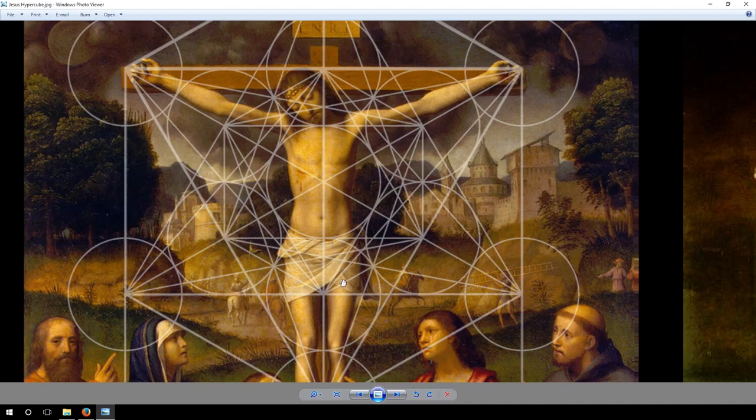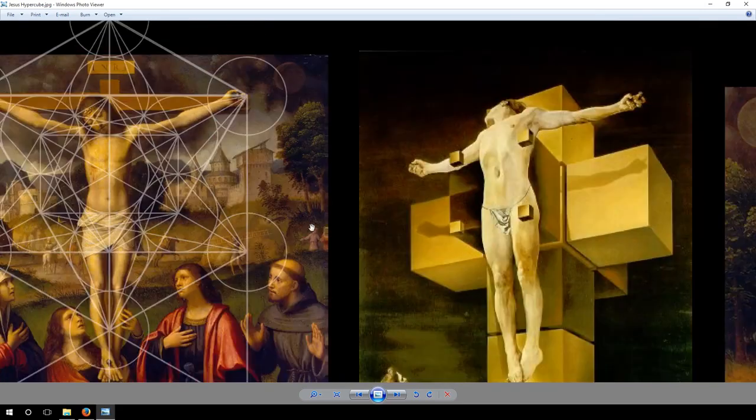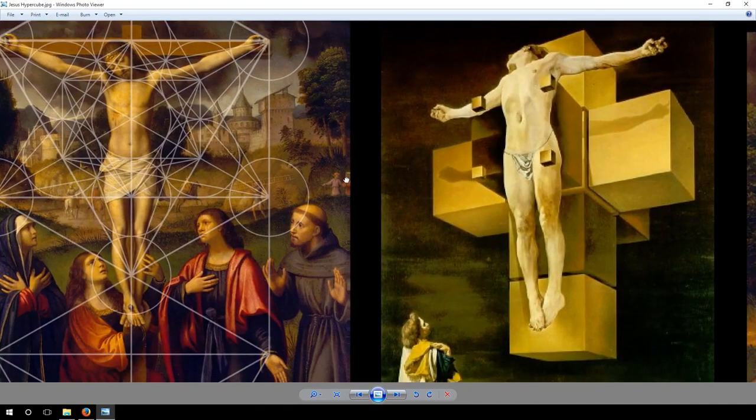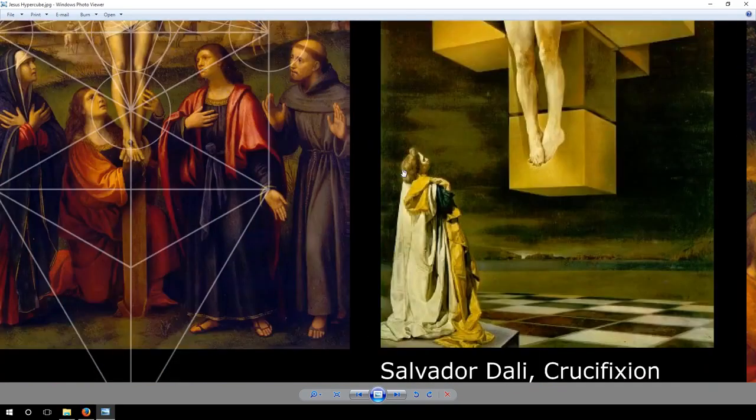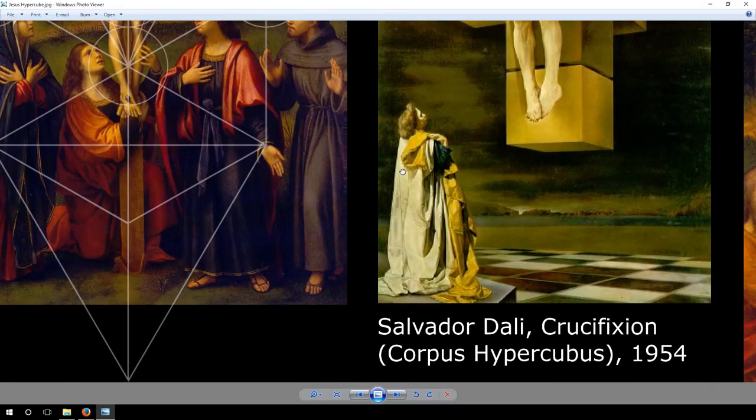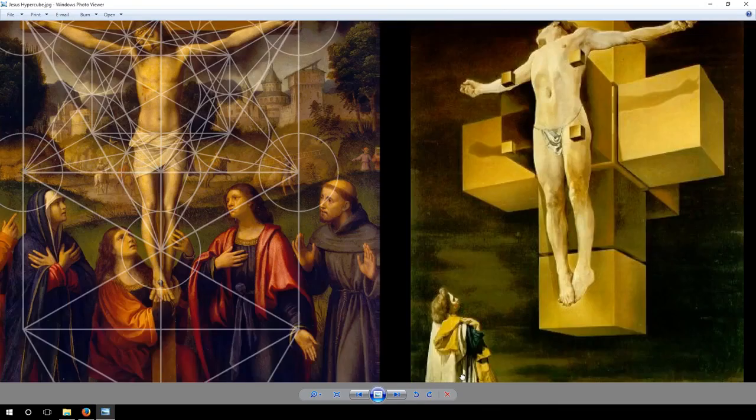But what I remember, there was a famous artist in the 1950s that created something, and I want to show you how all this now ties together with Metatron's cube. You're probably familiar with Salvador Dali's Crucifixion, Corpus Hypercubus, in 1954.